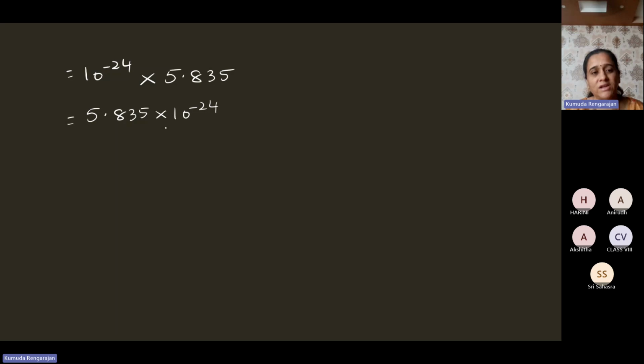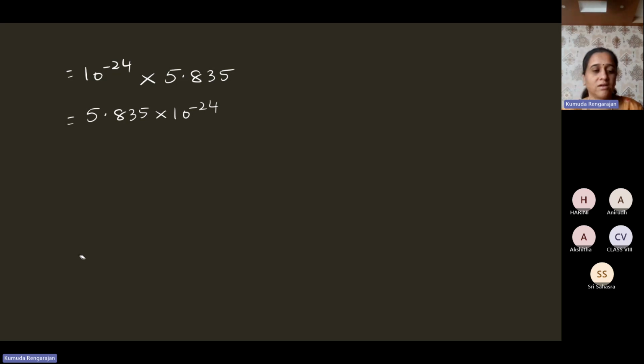If this was not in the standard form, supposing it was 58.35 into 10 to the power minus 24, then it would not be in the standard form. You would have to shift the decimal point and put it in the standard form. We'll come to that later with another question.